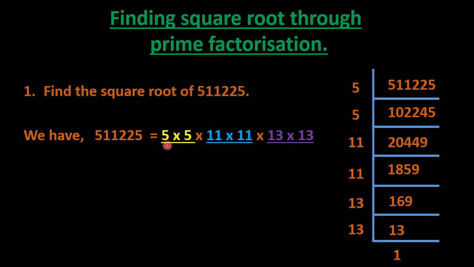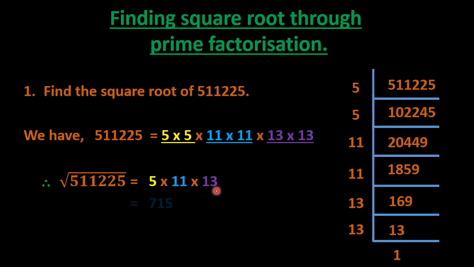Here there are 6 factors. These 6 factors have been grouped into 3 pairs: 5 into 5 makes the first group, 11 into 11 the second group, and 13 into 13 the third group. Therefore, the square root of 511225 equals: from the first pair we take one factor, 5, from the second group also one factor, 11, and from the third group again one factor, that is 13.